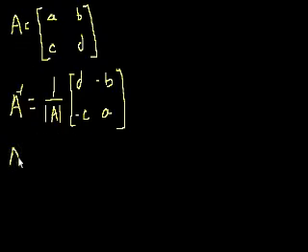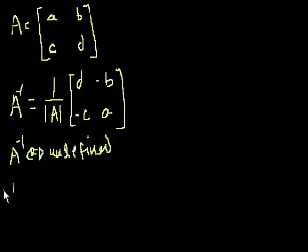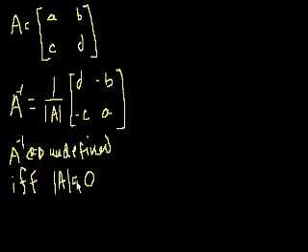So A inverse is undefined if and only if, and in math they sometimes write it, iff, with two F's, if and only if the determinant of A is equal to 0. So another way to view that is, if the determinant of any matrix is equal to 0, then that matrix is a singular matrix and it has no inverse, or the inverse is undefined.